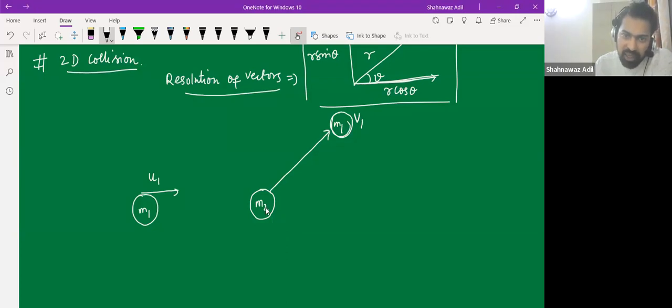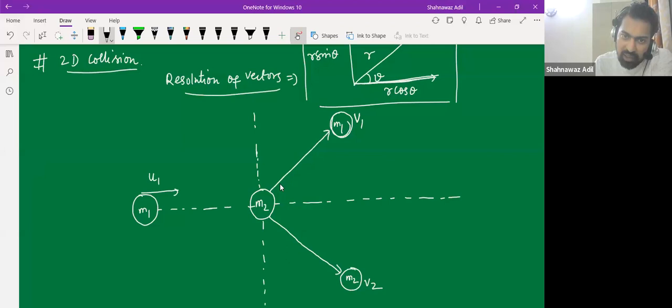And then this m2 object is moving with velocity v2. And let's say this is the horizontal direction, and because this is in a plane, we'll have a vertical part also.